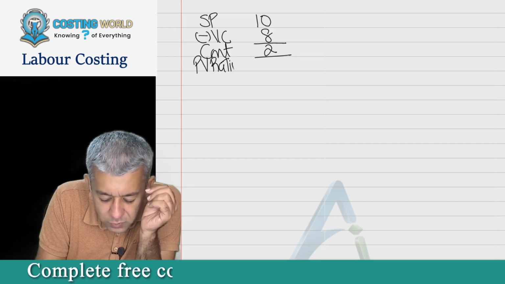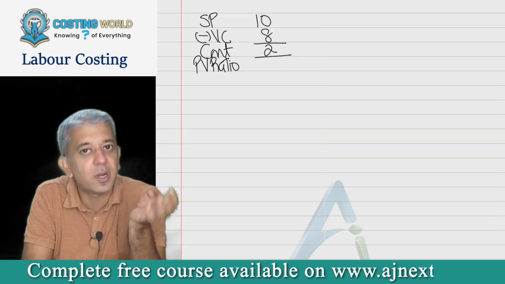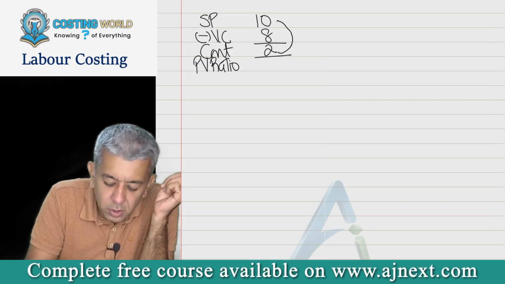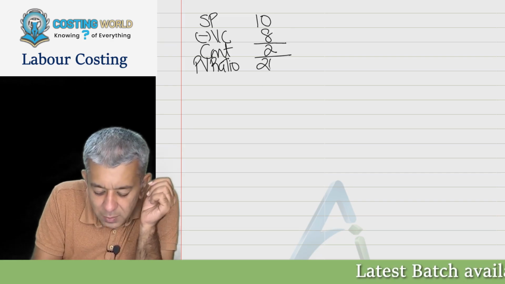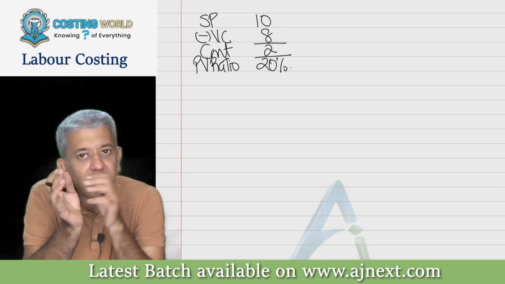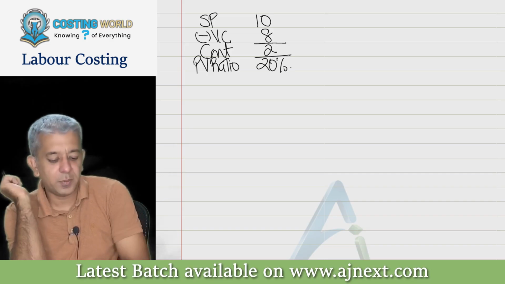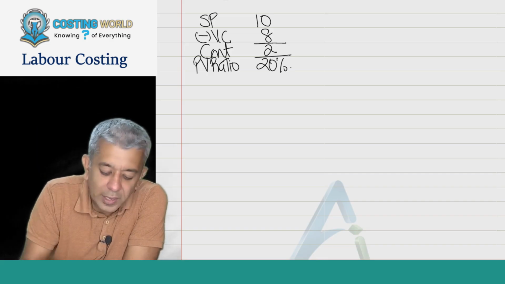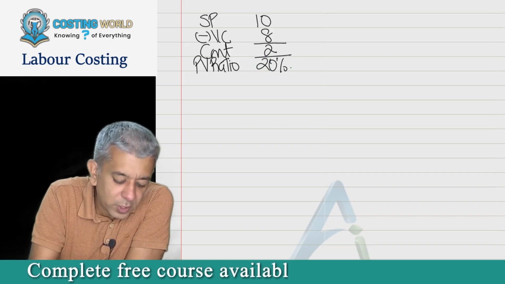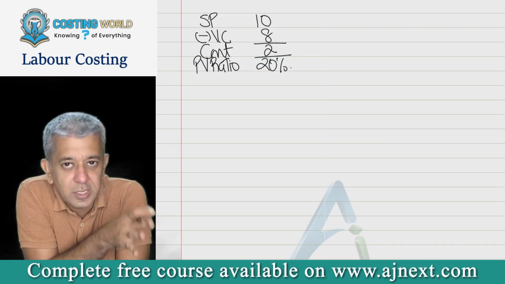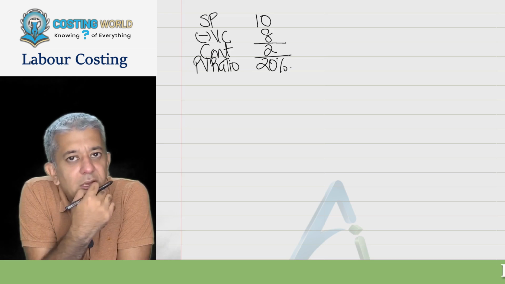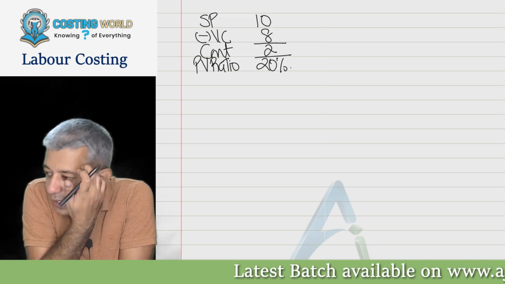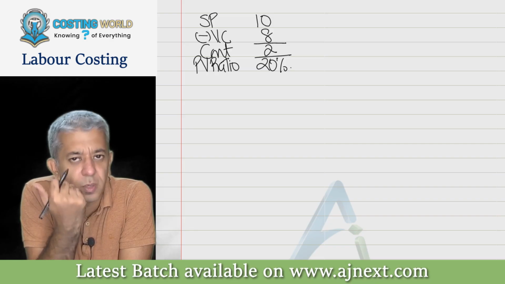PV ratio stands for profit volume ratio. It is contribution upon sales into 100. That's nothing but 20%. So PV ratio in this particular case is 20% in my example. 20% means whenever you are doing 100 rupees of sales, 80 rupees will go towards your variable cost. And 20 rupees in this particular case will be nothing but your contribution as such.